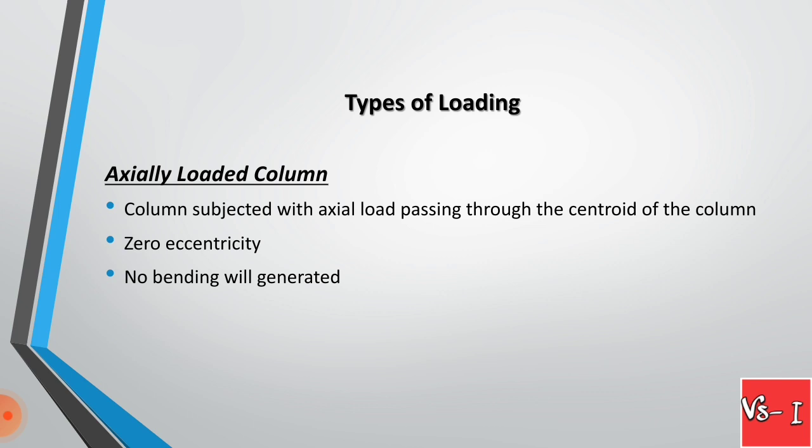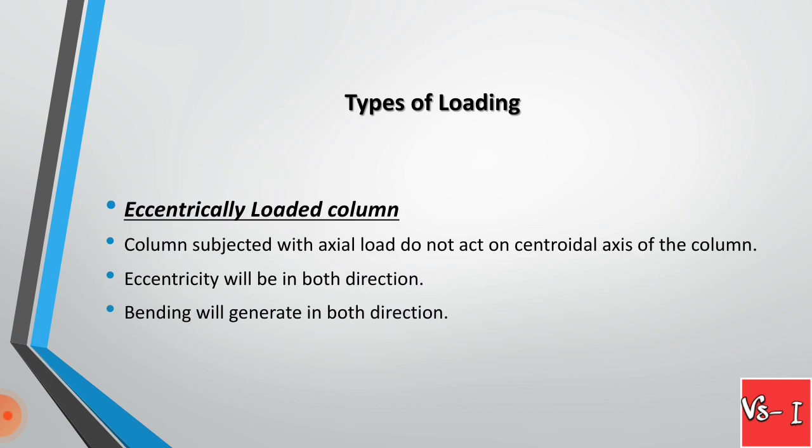The first type of loading is the axial loading column. Basically, a column subjected to an axial load passing through the centroid of the column is considered an axially loaded column, with zero eccentricity and no bending generated. The second type of loading is the eccentrically loaded column.